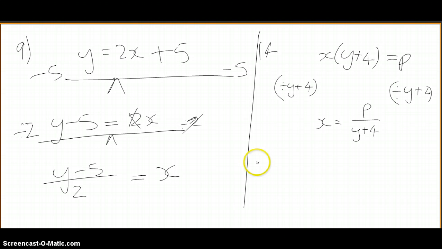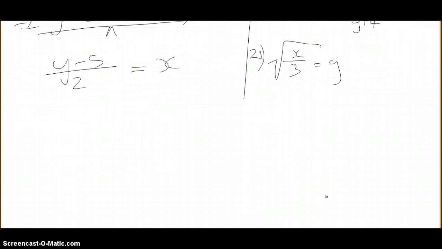I'll do number 21 and then I'll be quiet. The square root of x over 3 equals y. We're trying to make x the subject. To undo a square root, we square. Okay?